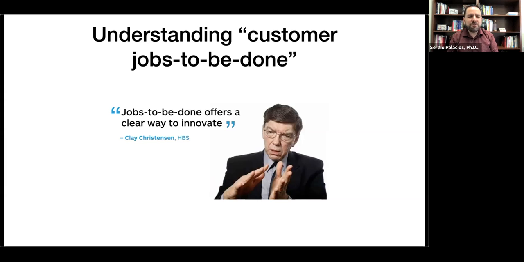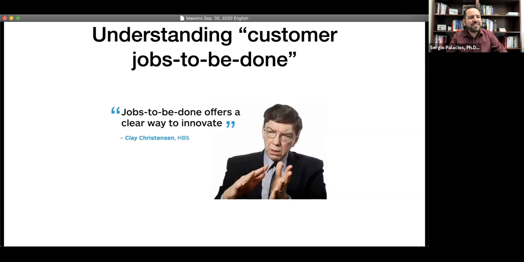I also want to look good, right? So you don't want to look like you are wearing whatever on your face. So that's another job I'm doing right now. Another job I have as a customer is to feel safe. So even though maybe I'm preventing others from getting the disease, it also makes me feel, I guess, safer.